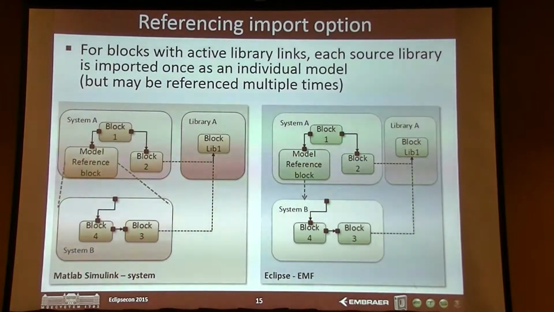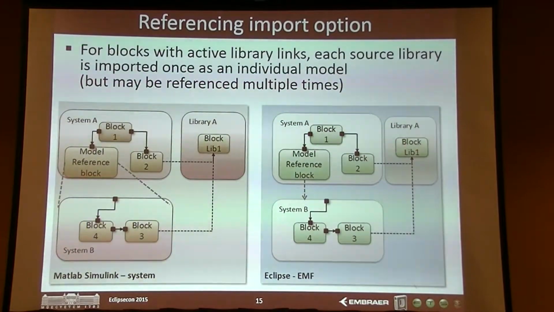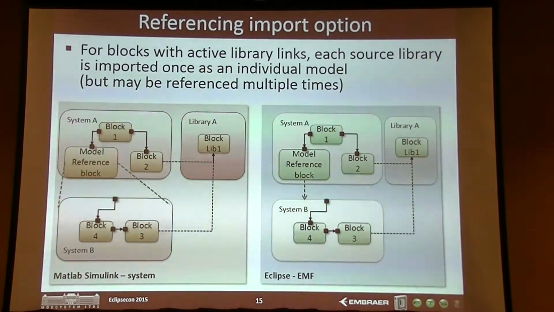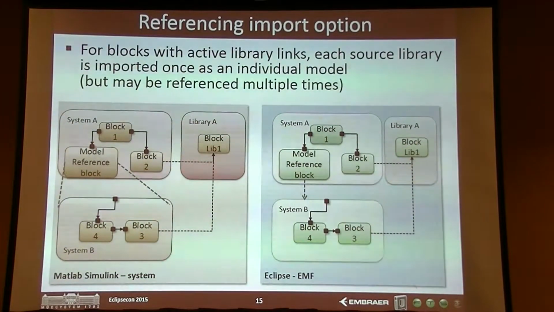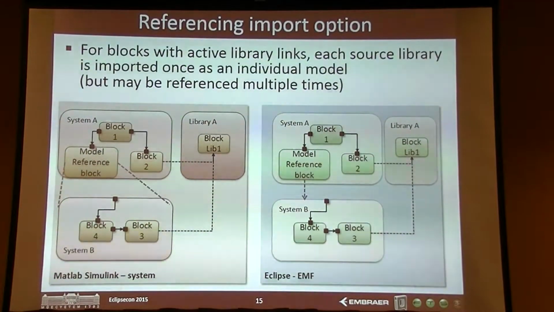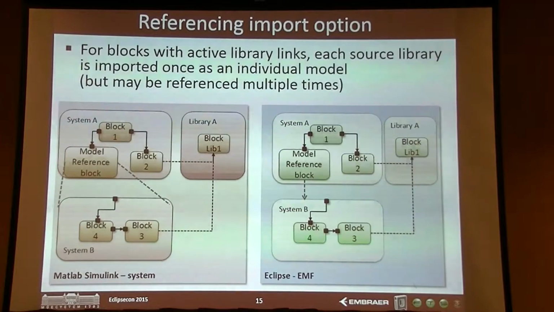So the basic block and something like that is also an instance of a specific element. Okay? So these are the 4 import options we are currently supporting. However, if some additional way is needed, it's relatively easy to define a new import mechanism. Okay?